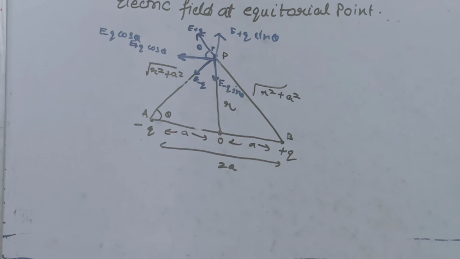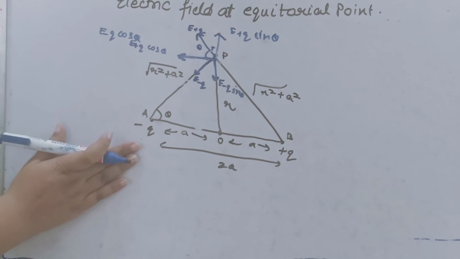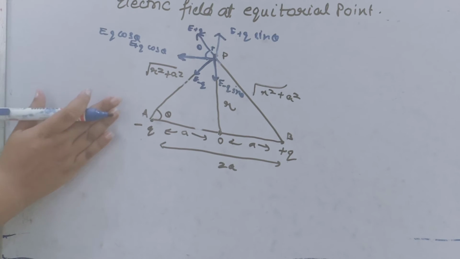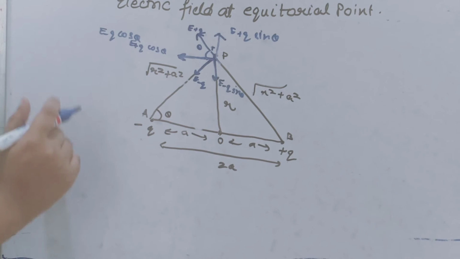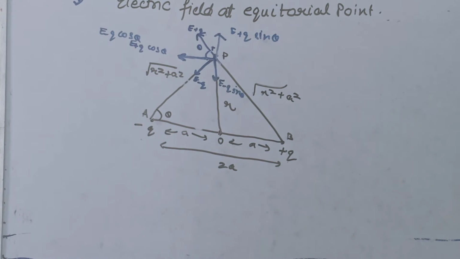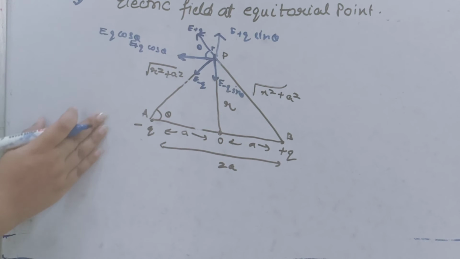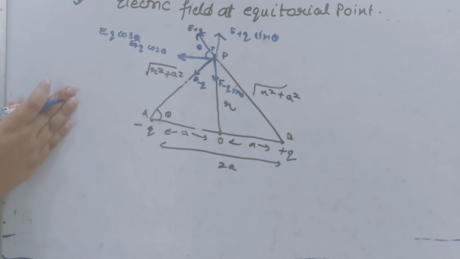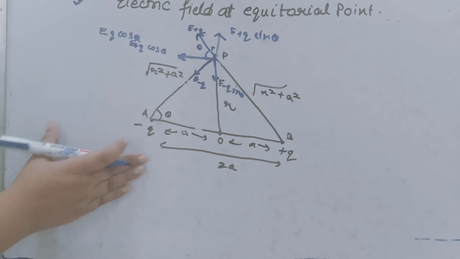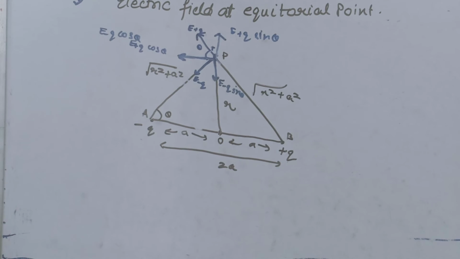So this is all about the electric field and its components, which we are going to deal with in the case of finding electric field at the equatorial point. Now we'll start with our mathematical part and we'll see which of the components cancel each other and which get added, because in this we are not going to simply add electric field as we did in the axial case.